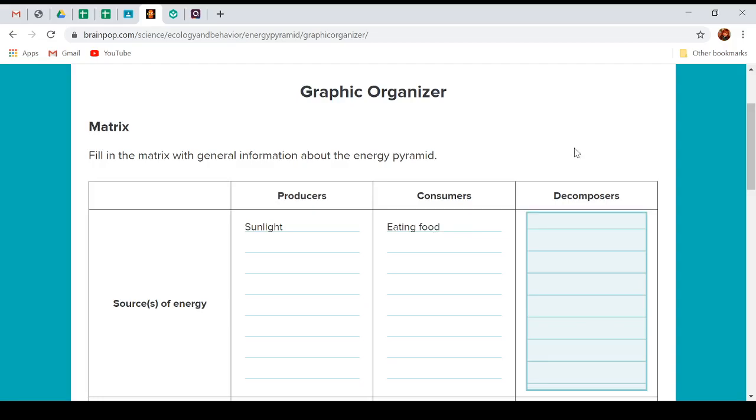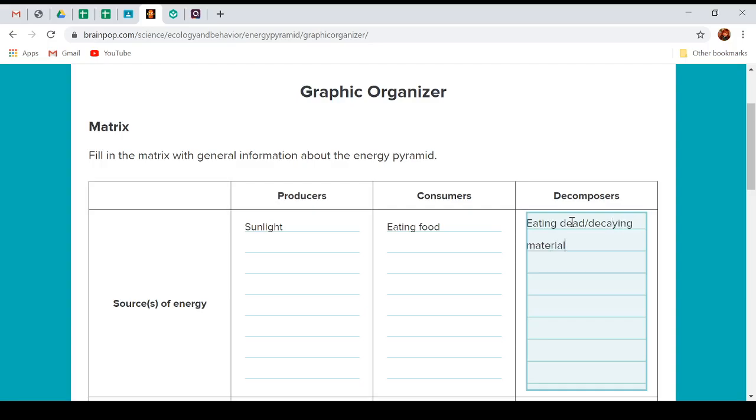So, like humans, if we eat a burger, we don't wait until the cow is decaying and rotten before we turn that into hamburger meat. Decomposers, on the other hand, are going to wait until the food is starting to actually decay and be rotten, and that's when they're eating it. So they're going to be eating dead and decaying material.